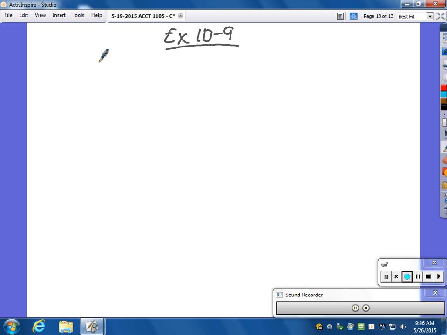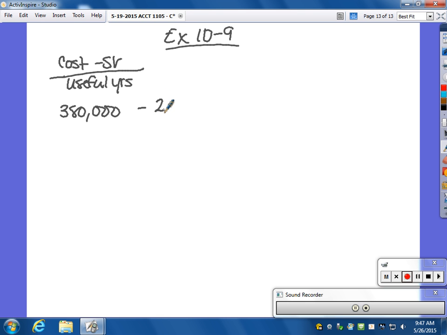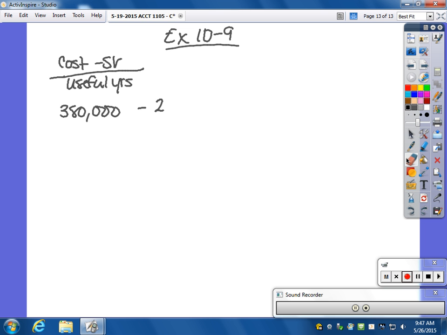What's the straight line method? The equation, cost minus salvage value divided by, in this case, what's the cost? 280,000. Is there salvage? 40,000. What's the useful years?